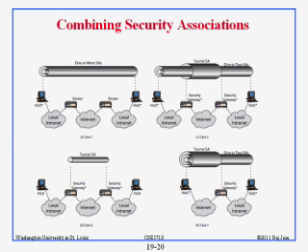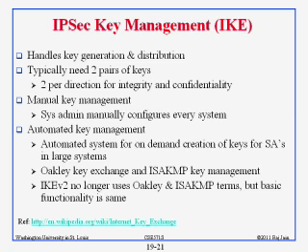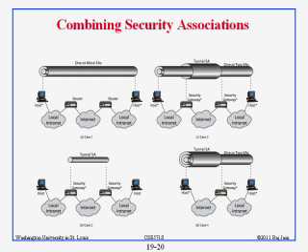In case 2, the tunnels end at different points. So this tunnel ended here, whereas this tunnel continued to the end. So case 2 is between the gateways or firewalls, single association, no nesting. So this is the second case between the gateways.